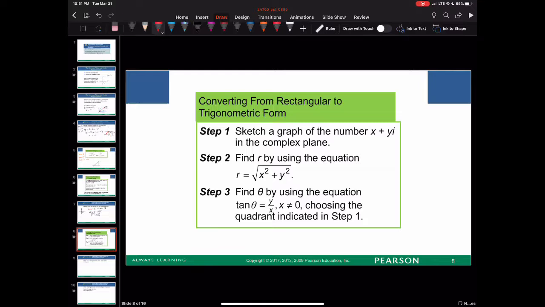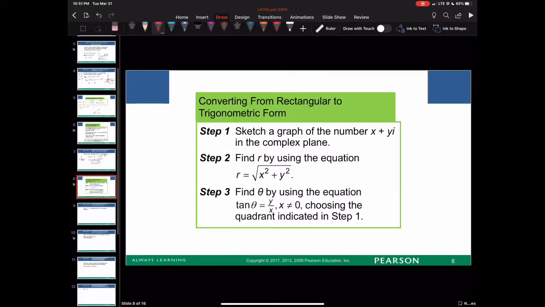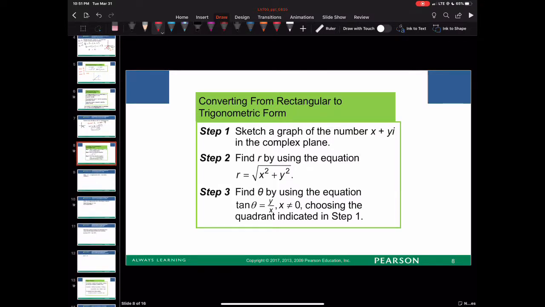Find theta by using the equation tangent theta is equal to y over x, where x is not equal to 0, choosing the quadrant indicated in step 1. If you follow those rules, you should be able to get through the problem pretty easily.